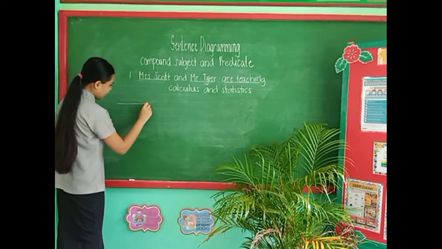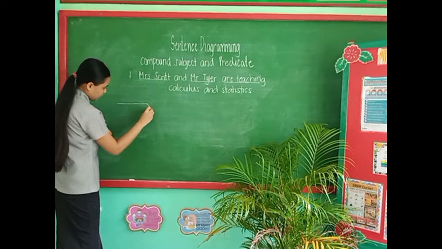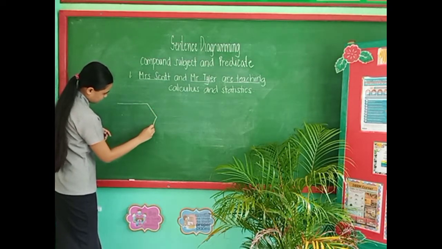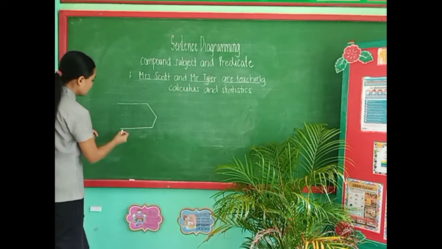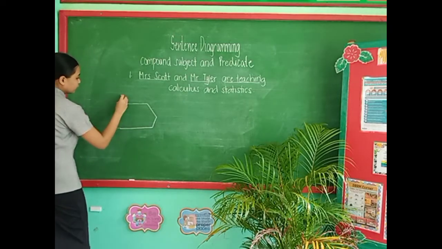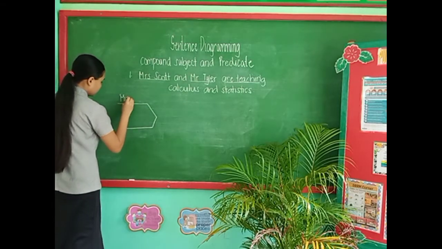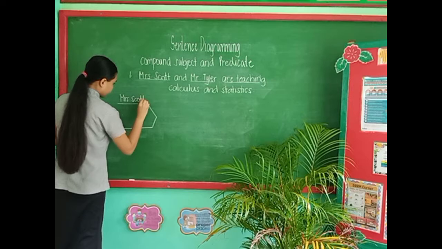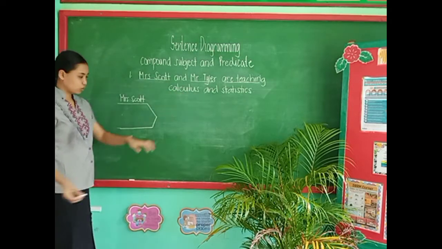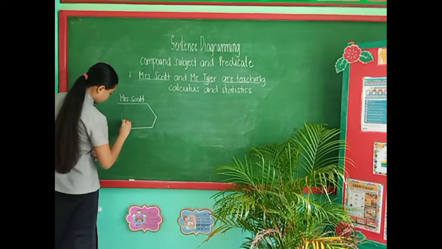Draw a horizontal line. We are going to put Mrs. Scott here, and Mr. Tyler will be here.